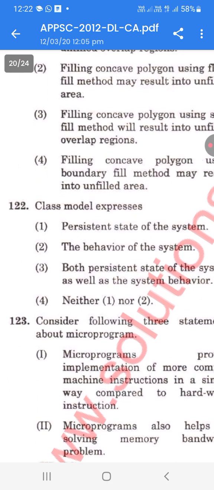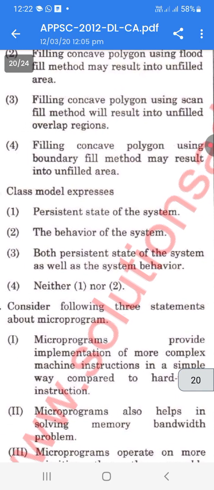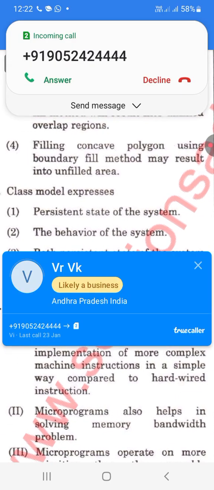Class model expresses both persistent state of the system as well as system behavior.